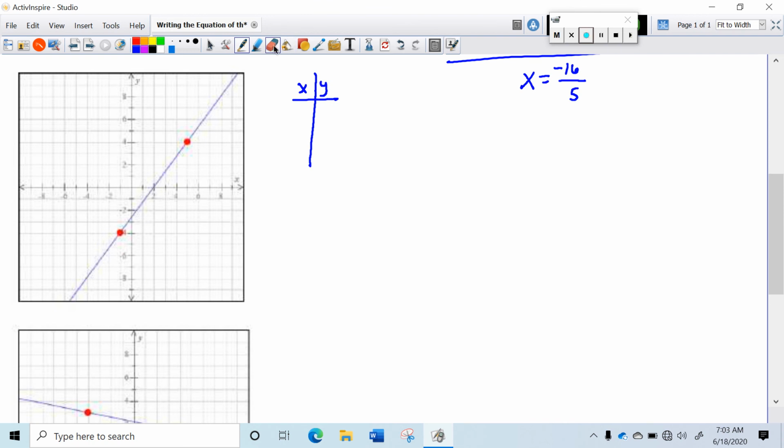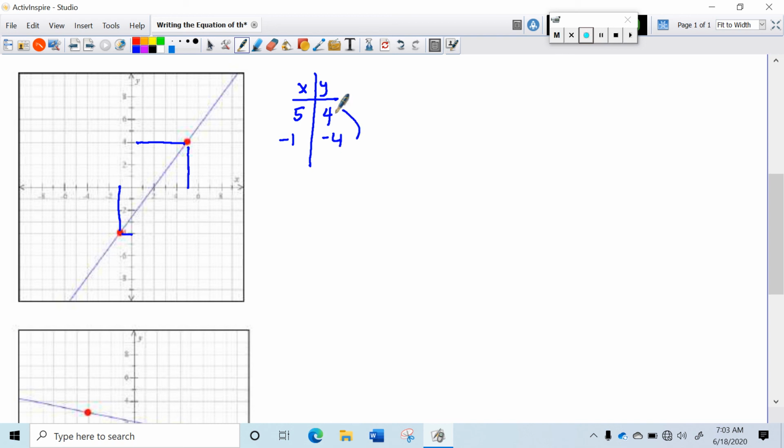So for this next one, let me erase this for a moment. The first point is 5, 4. You do the x first and then the y. Second point is -1, -4.